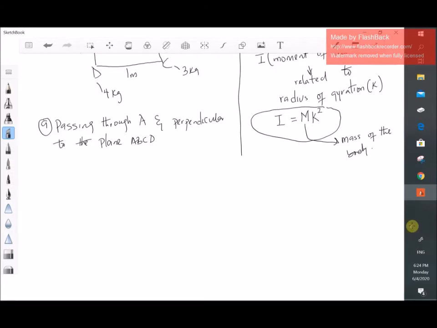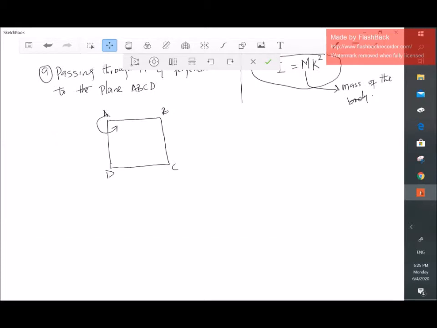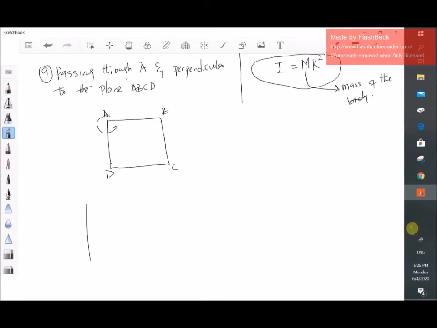So this is the square, point A, point B, C, and D. And at this time, the axis of rotation is at point A, and we are asked to find the moment of inertia when the axis of rotation is at A. So before we solve this, we draw a small table.